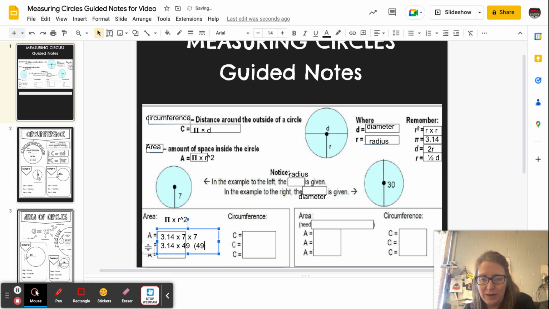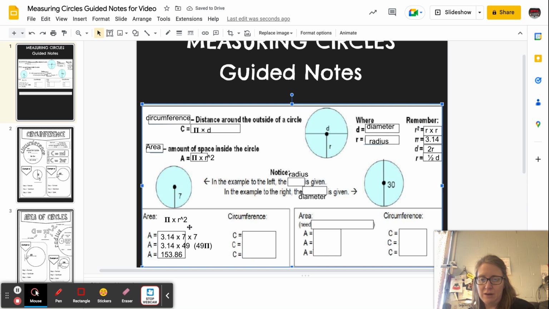I'm going to put it in parentheses, 49, let me copy that pi symbol again. There you go. So that and that are the same thing. But I can go ahead and calculate it out. 3.14 times 49 is 153.86. And so that's the approximate answer for the area there.